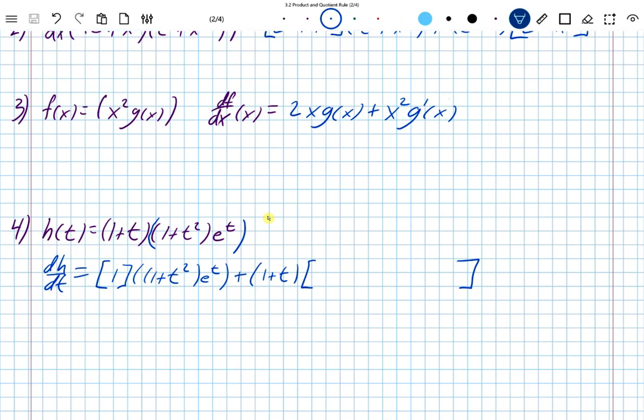So let's do the product rule again and see if I can fit it. The derivative of 1 plus t squared is 2t. It's 0 plus 2t, but that's just 2t. Leave the e to the t alone, plus leave the 1 plus t squared alone, times the derivative of e to the t is also just e to the t.